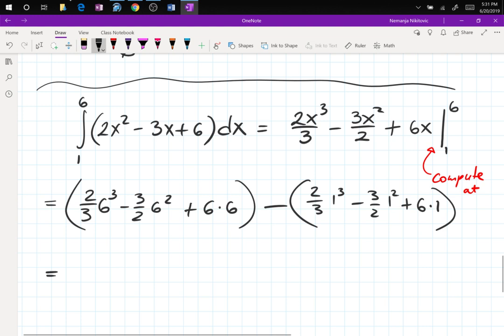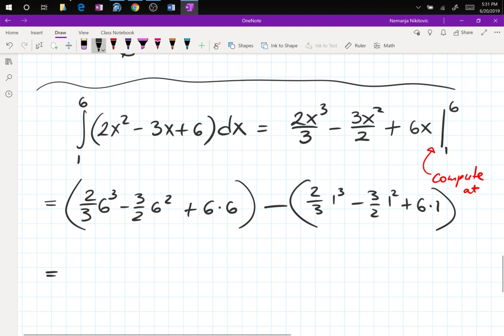And now we compute this monstrosity. Now, I like to use algebraic tricks to compute rather than the calculator.